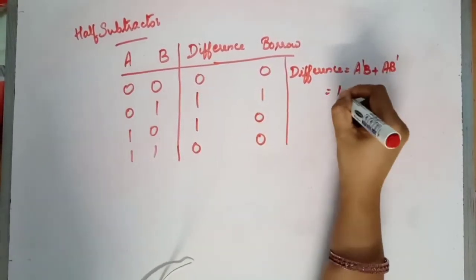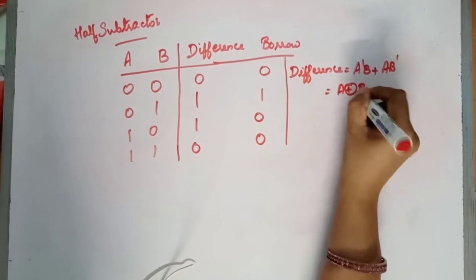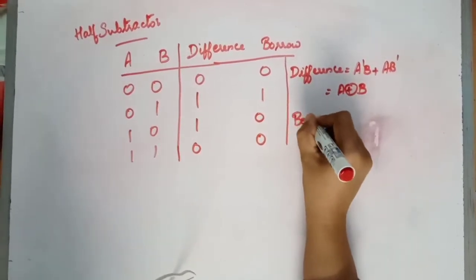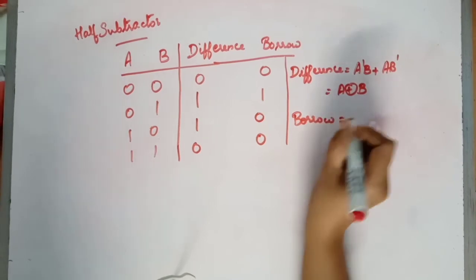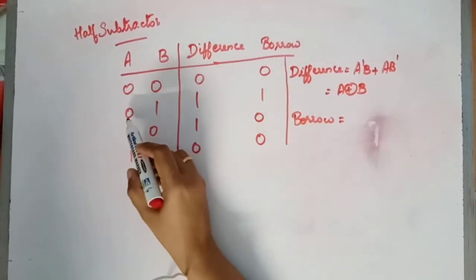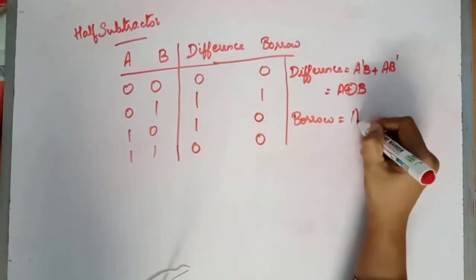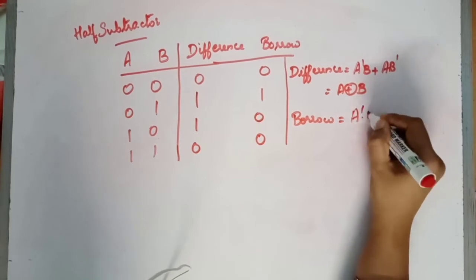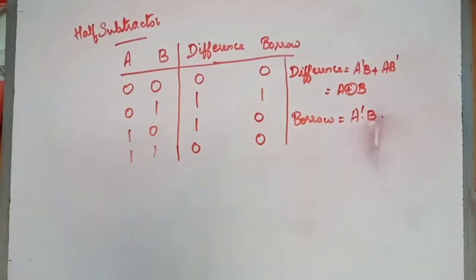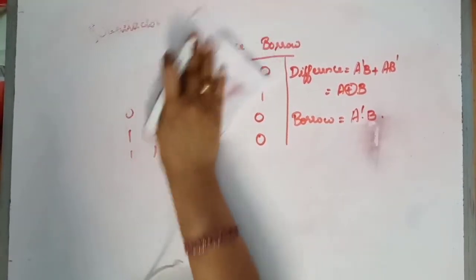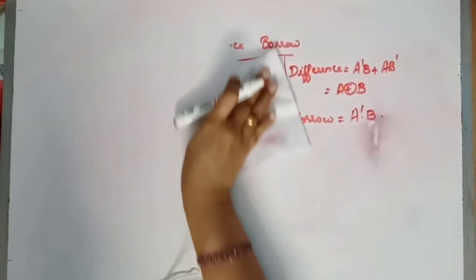That is again A XOR B, and borrow is 1 only in one case, that is when A is 0 and B is 1, that is A bar B. Now we can draw this.